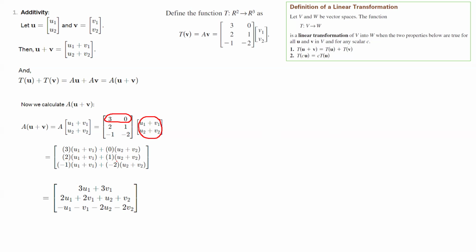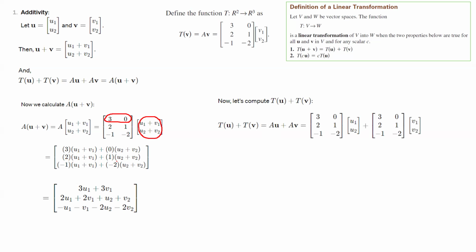So now this is your left-hand side. What about the right-hand side? What is T(u) + T(v)? If I just add these together, I have Au plus Av. If I add these separately, A times u plus A times v, does it result in the exact same matrix?